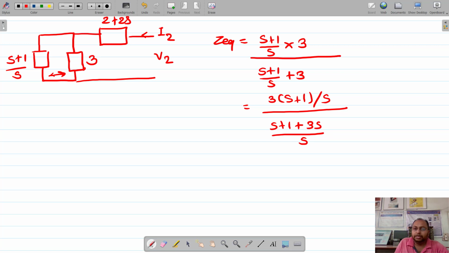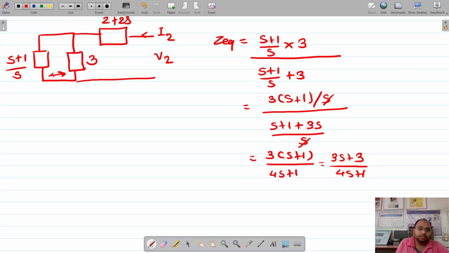So we have made the denominator common by multiplying this 3 with s. Okay, and now I can cancel out this 3, this s and this s. Is it? Yes. So therefore 3 into bracket (s plus 1) divided by (4s plus 1). Is that fine? Okay, so this is nothing but your (3s plus 3) divided by (4s plus 1).